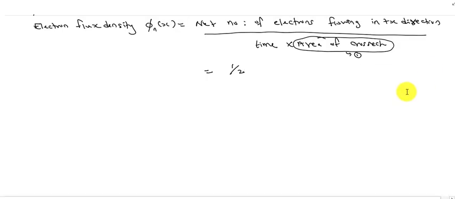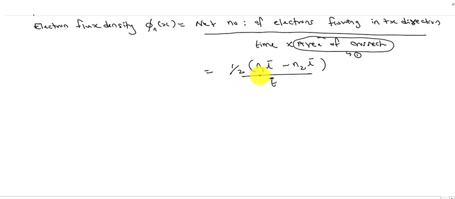So this can be substituted here, half into n1 into L bar by T bar minus n2 into L bar by T bar. Area is 1, so substitute the value of A and cancel the denominator's term.